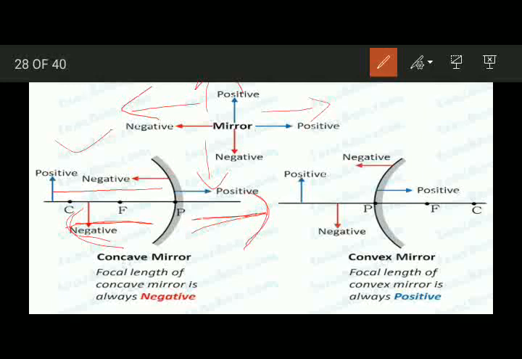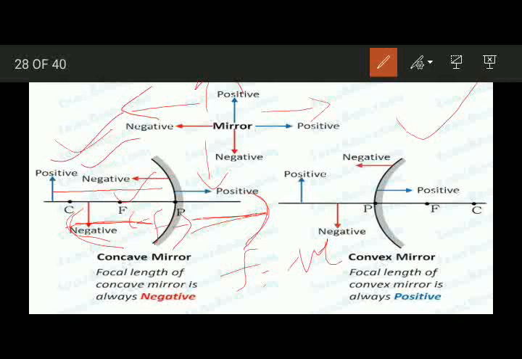Now the focal length: since the focus of a concave mirror is on this side, the left side, this is the focal length, that is the distance from pole to F. Since it is on the negative x-axis, the focal length is always taken as negative in the case of a concave mirror.